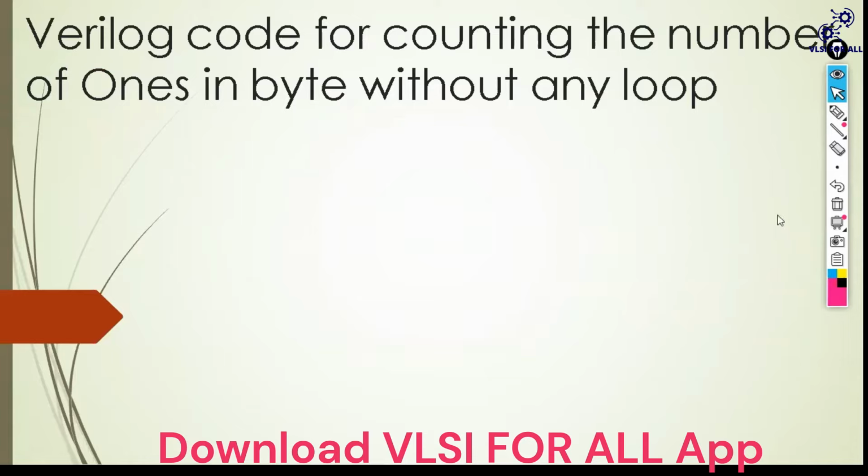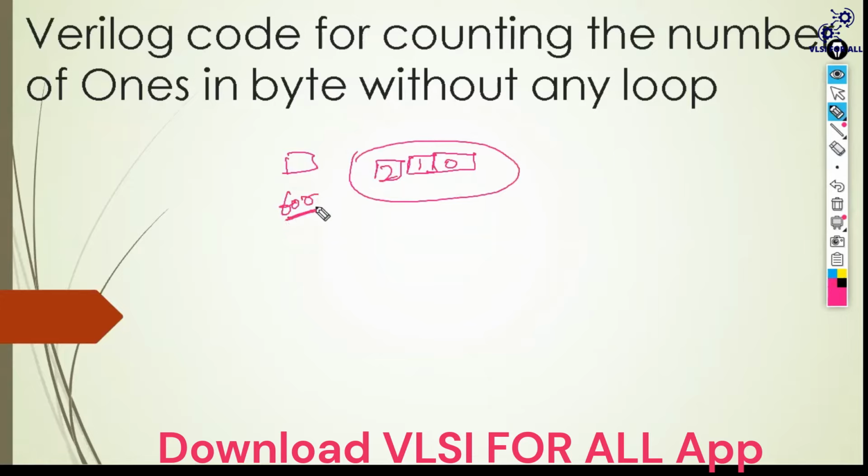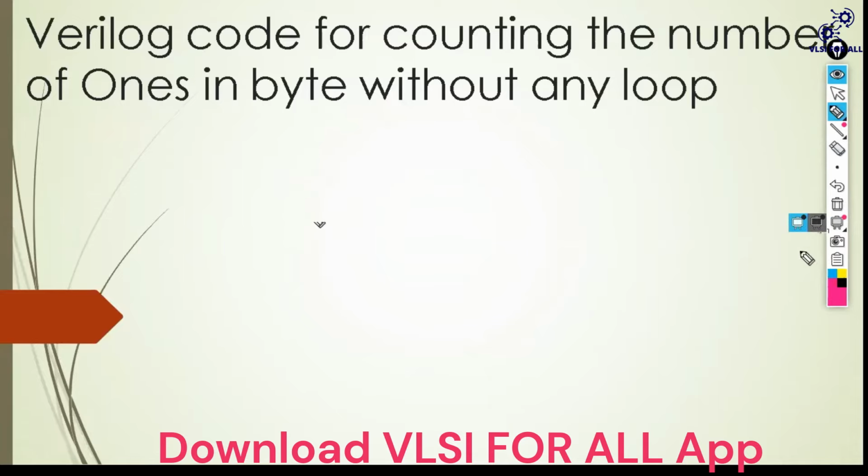By using an if else statement we can write this, I think. Yes, but in order to iterate through that byte value, I first need to check bit 0, then the first bit, then the second bit, and increment the i value. So for that there is a need for a loop.